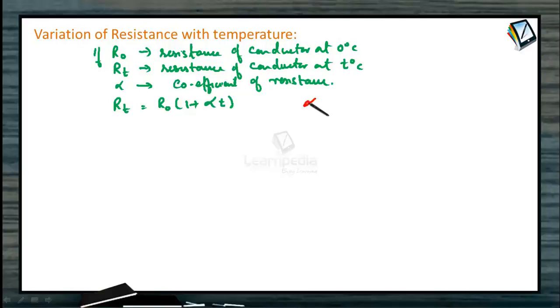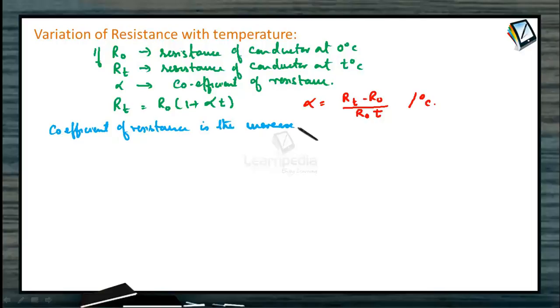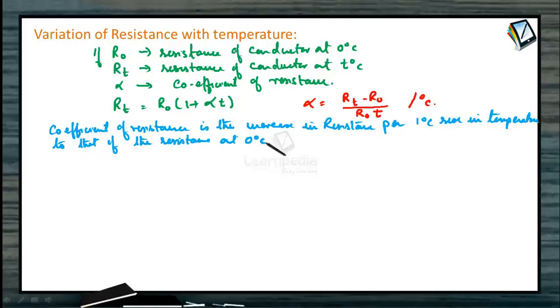We can write alpha is equal to (RT minus R0) divided by R0 into T per degree centigrade. So the coefficient of resistance is the increase in resistance for 1 degree centigrade rise in temperature to that of the resistance at 0 degree centigrade.